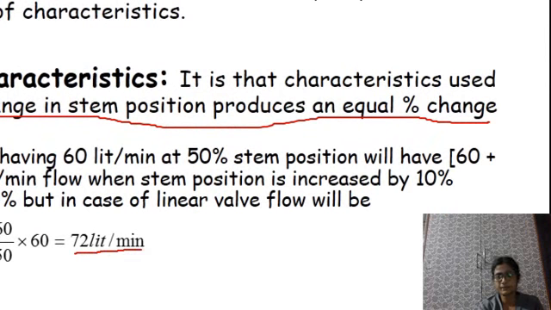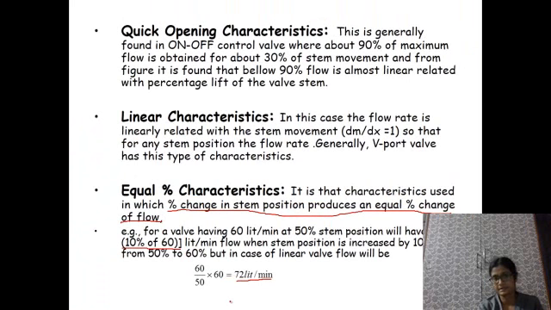Whereas for equal percentage, this is 66, 60 plus 10% of 60. So that is 66 liter per minute. Whereas for the linear one, the flow rate is more, that is 72 liter per minute. So this is the difference between linear characteristics and equal percentage characteristics.